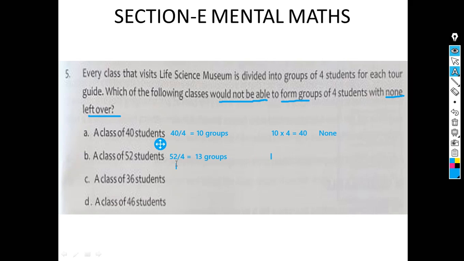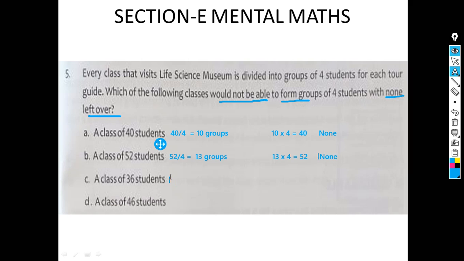To check our answer, 13 into 4 gives 52. So again 13 groups will be formed, each with 4 students, and none of the students will be left. So this is not our required answer.